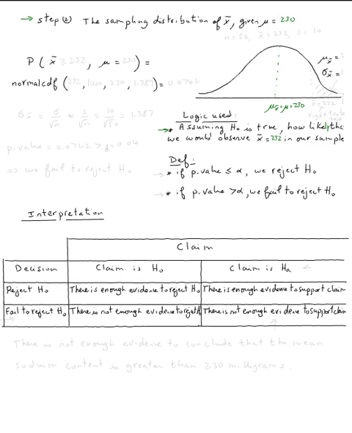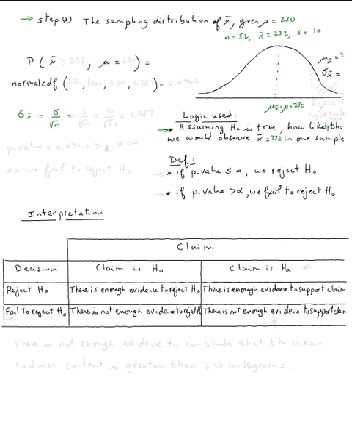Let me read the problem again. You find that a random sample of 52, so we know n is equal to 52, cereal servings has a mean sodium content, so X bar is equal to 232, and a standard deviation S is given to be 10 milligrams. So the first thing we do, we know mu of X bar is 230. How do we find the standard deviation? The standard deviation of X bar, by definition, is standard deviation of the population over square root of n.